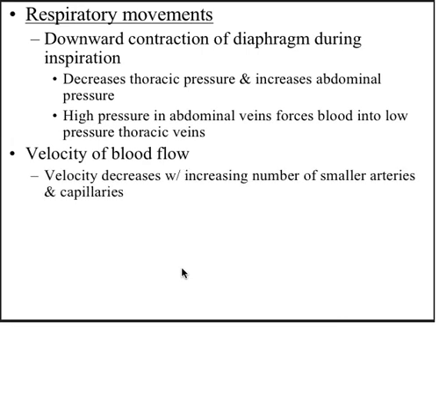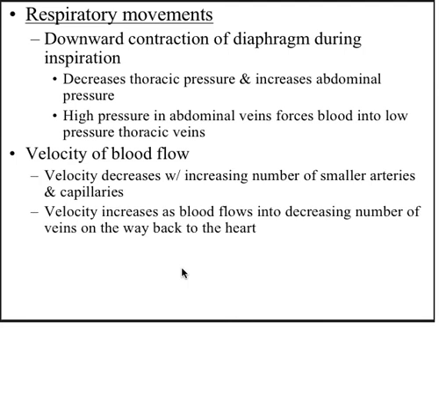The velocity is going to decrease with an increasing number of smaller arteries and capillaries. So basically, the greater the cross-sectional area, the lower the flow is going to be. The velocity increases as blood flows back towards the heart into decreasing numbers of vessels.